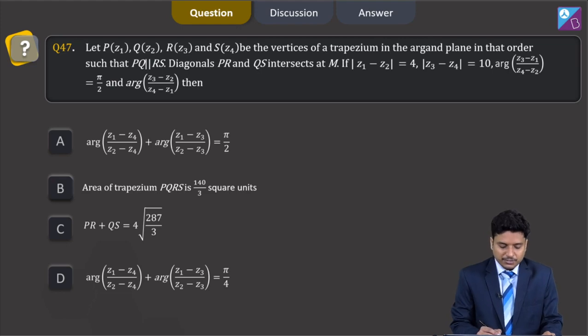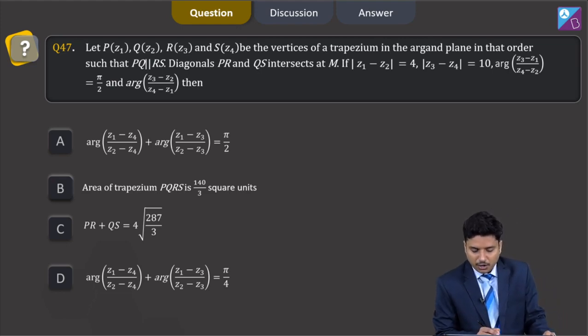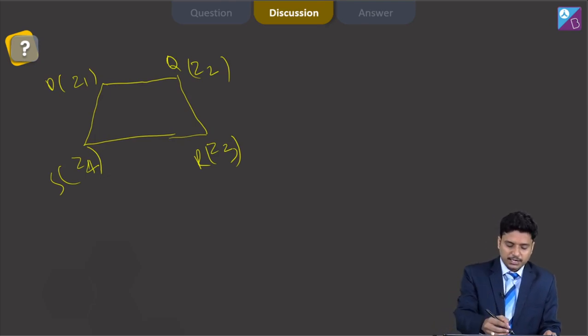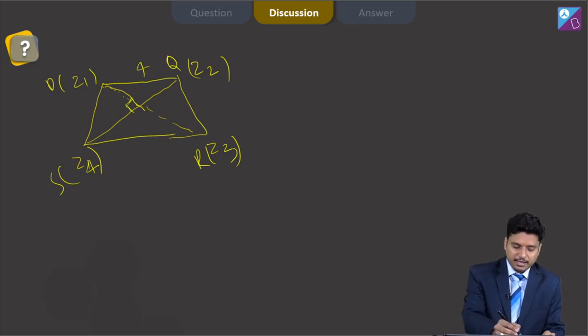What more information are we given? It is argument of Z3 minus Z1 upon Z4 minus Z2. So Z3 minus Z1 is one vector and Z4 minus Z2 is another vector. The angle in between them is pi by 2. That means these two diagonals are actually intersecting at 90 degree. This length is 4, this length is 10.